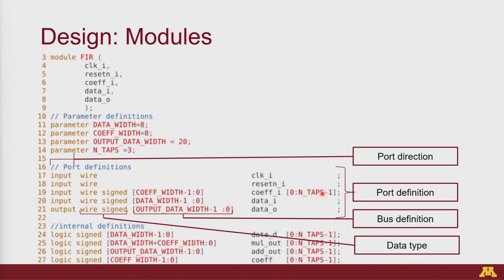And the packed dimensions are what you think of as the width of the bus. Let's put these numbers in. For example, what we are saying is that we have 3 coefficients of 8 bits each, if you just substitute these parameter values into this definition. So that's about the packed dimension and unpacked dimension.